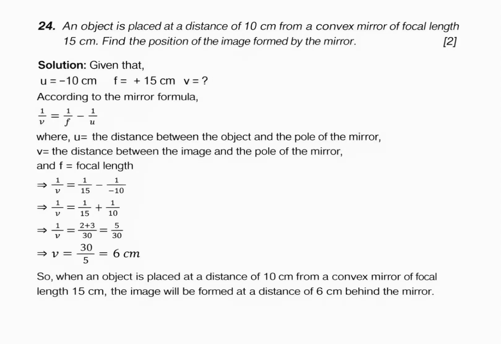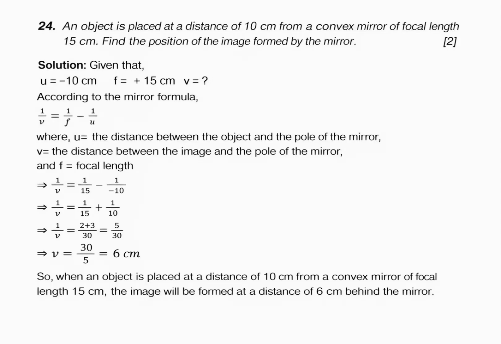Now we get 1 by v is equal to 2 plus 3 by 30. 2 plus 3 is 5, 5 by 30. So 1 by v is equal to 5 by 30. Then v is 30 by 5. 5 ones are 5, 5 sixes are 30. v is equal to 6 centimeter. So our answer is 6 centimeter.